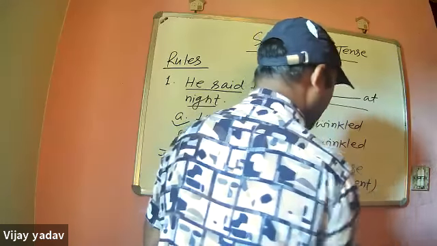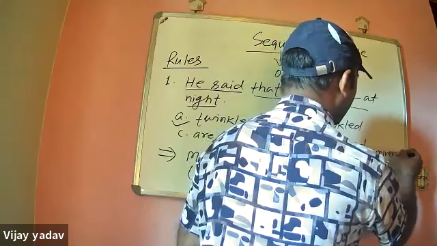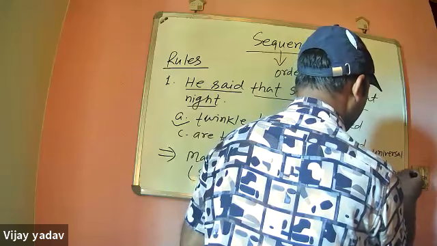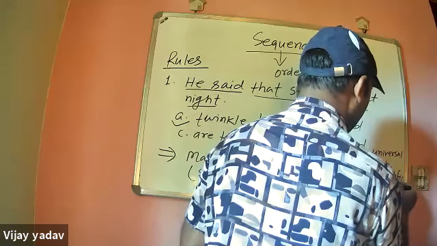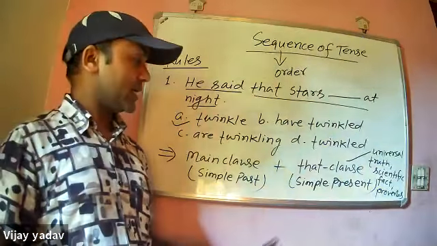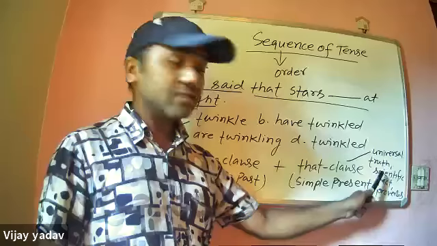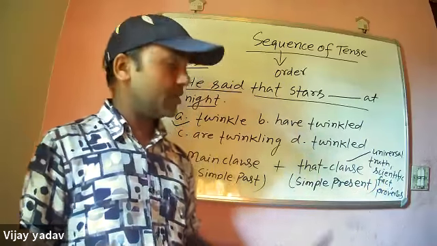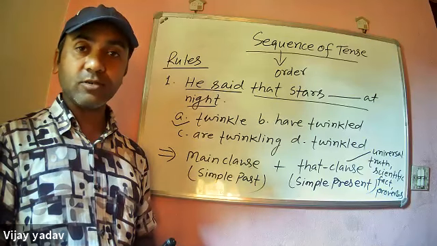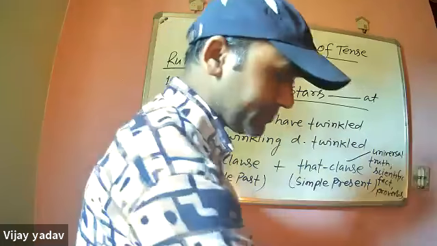If in the that clause you have a universal truth, a scientific fact, or similarly a proverb, then we use simple present even if the main clause is in simple past. Got it? Did you understand? Is it clear?